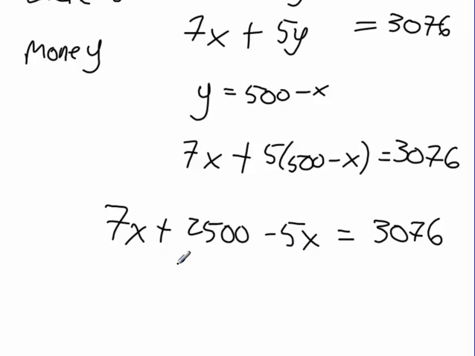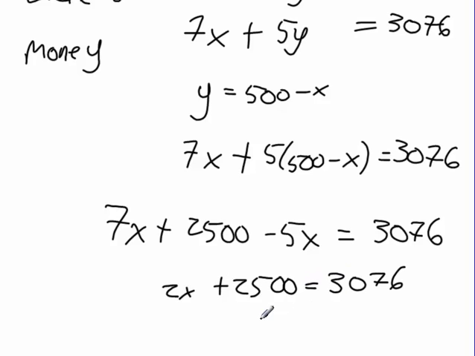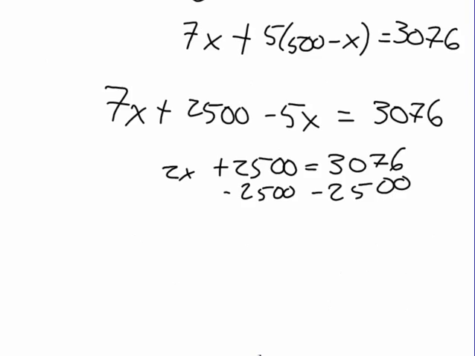Combine like terms, 2X plus 2500 equals 3076. Take 2500 away from both sides. I get 2X equals 576. Divide both sides by 2.